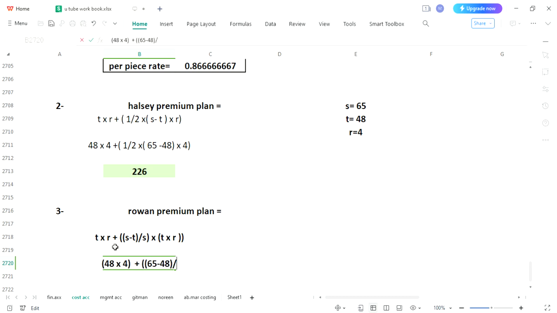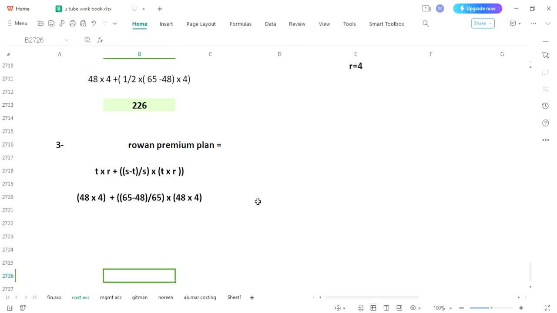You are following this, S minus T over S, and divided by standard time 65, close your bracket, and then you need to multiply with time taken again 48, and R is 4. So in this way you will put your values in this formula. T multiplied by R, S minus T over S, brackets, multiply T multiply R, and brackets.